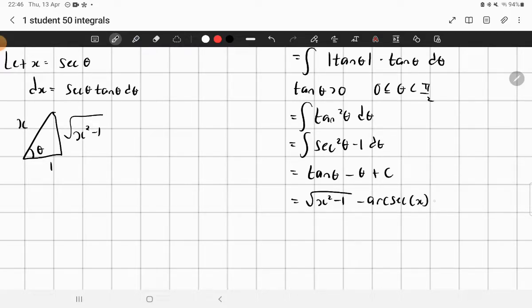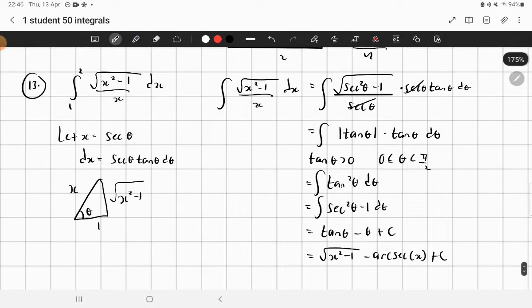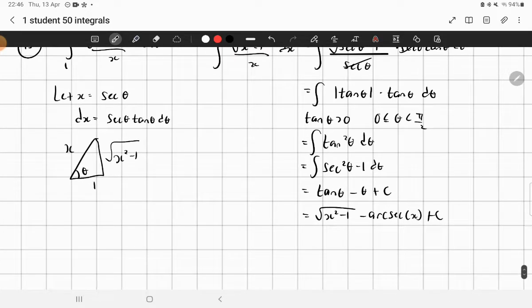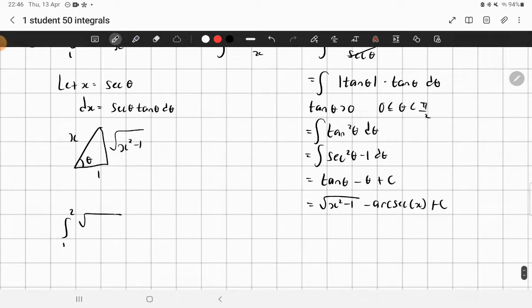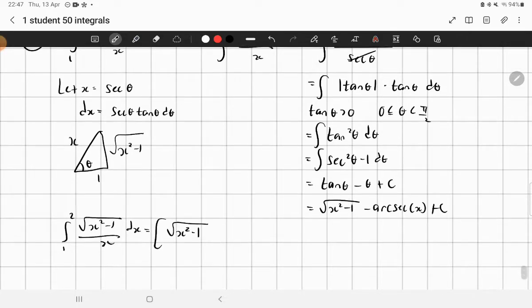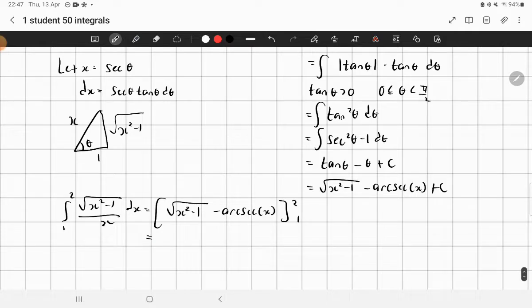Okay, now going back to our indefinite integral, all we have to do is evaluate it. The square root of x squared minus 1 over x dx results in the square root of x squared minus 1 minus arcsecant of x, evaluated from 1 to 2, and we solve this as usual. So you will have the square root of 3 and arcsecant of 2.